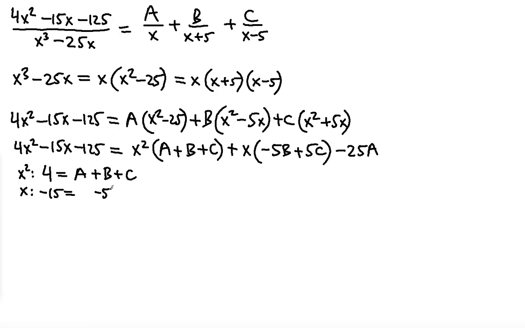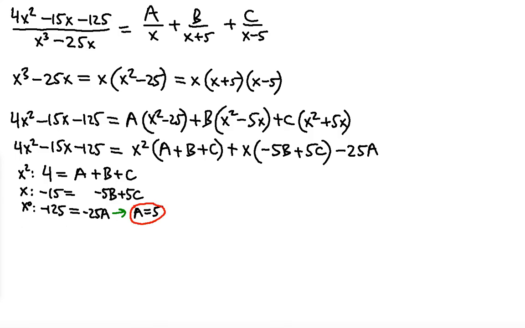I'm going to align them here, minus 5b plus 5c. And finally, the constant, or x to the 0 power, is minus 125, and this is equal to minus 25a. Notice that this directly solves for a. If you divide both sides by negative 25, you get a is equal to 5. Okay, so we found the a value.